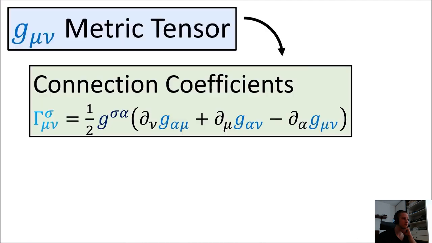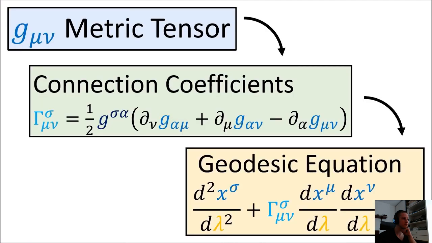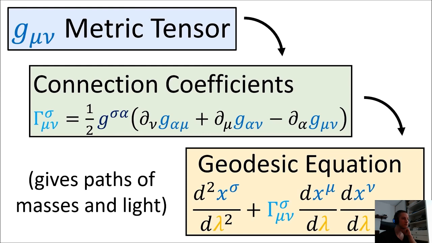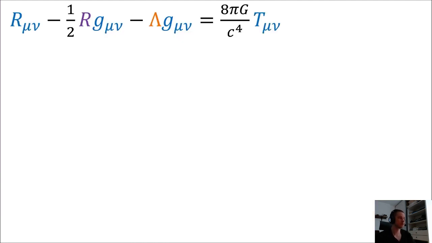Using the metric, we can then solve the Geodesic Equation, which will give us the paths of massive objects and light beams through curved spacetime. So we'll know how gravity affects mass and light. So what type of energy-momentum tensor will we use to get our spacetime solution for a spherically symmetric mass?